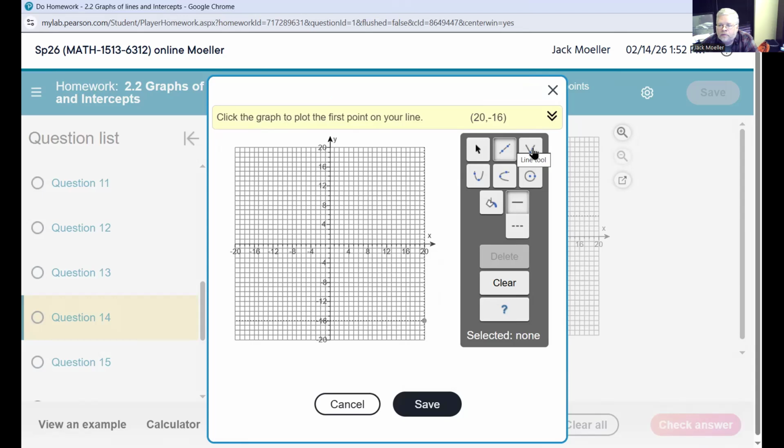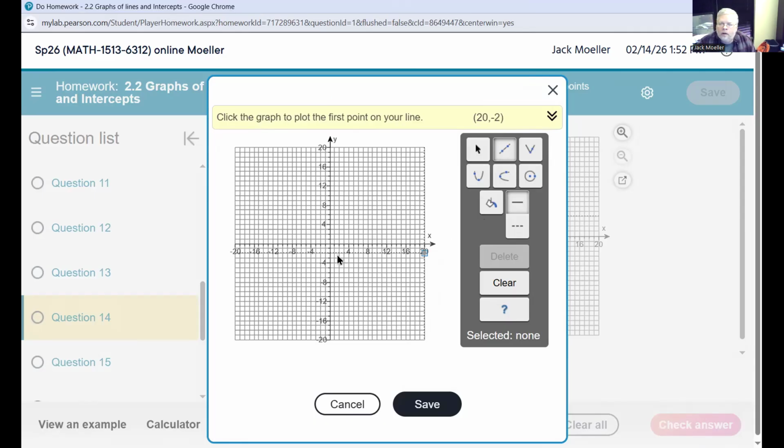That's the absolute value tool. That is the parabola tool. You can draw circles. Some of this stuff we're going to use a little bit later in 3.4, when we do transformations. But for now, we're just graphing a line. And if you notice on that line, maybe kind of hard to see, there are 2 points. What that's telling you is they want 2 points.